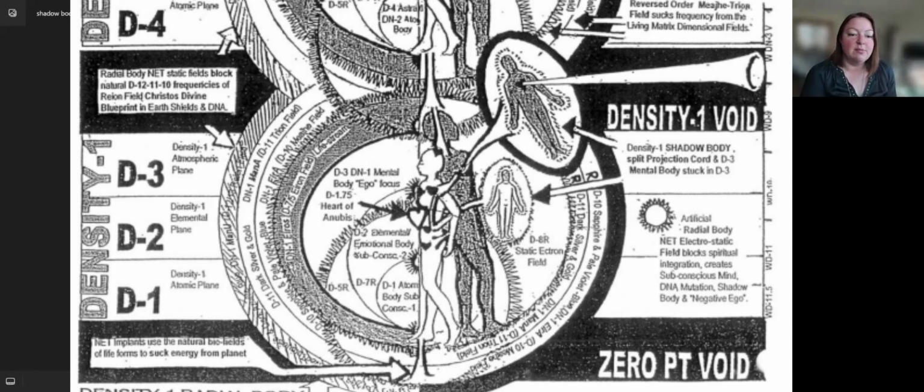The density 1 shadow body links to the organic density 1 physical and etheric bodies via the 4th black heart implant within the etheric body and shadow body EMB points. The density 1 shadow body stands behind and to the left with its back to the physical body on the DNA strand 2 node line.